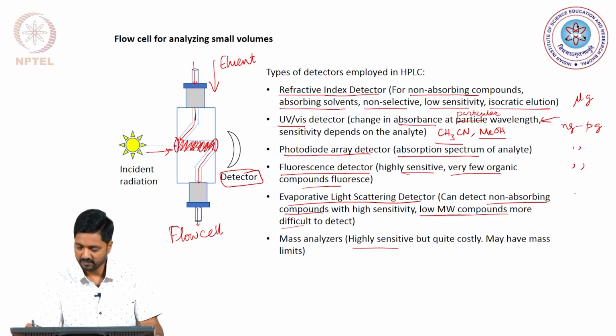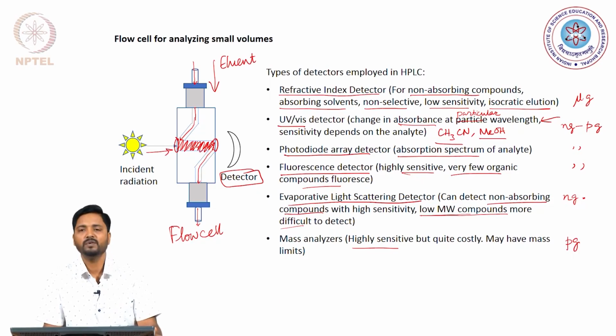The evaporative light scattering detector again will have a wide range in a similar manner, in the few nanogram regime. The mass analyzers can definitely go up to picogram level of detection.